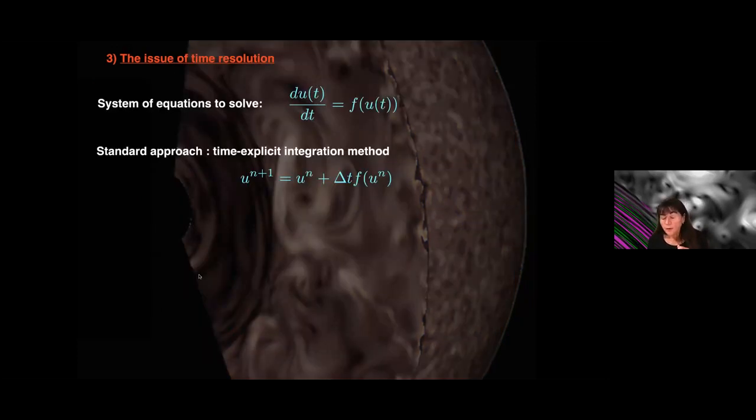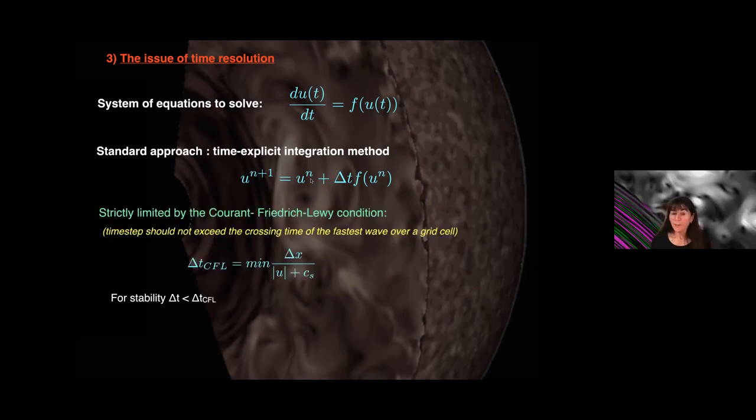So now there is an issue with the time resolution, because we have a system of equations which follow this form in blue on the top. The standard approach is to use what we call a time explicit integration method, where the solution at time step n+1 is a function of the solution at time step n.